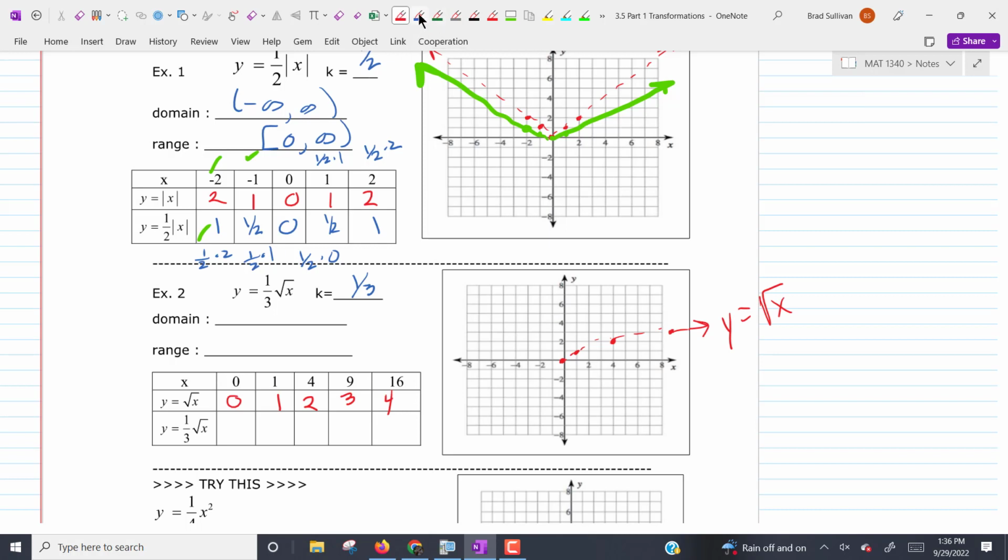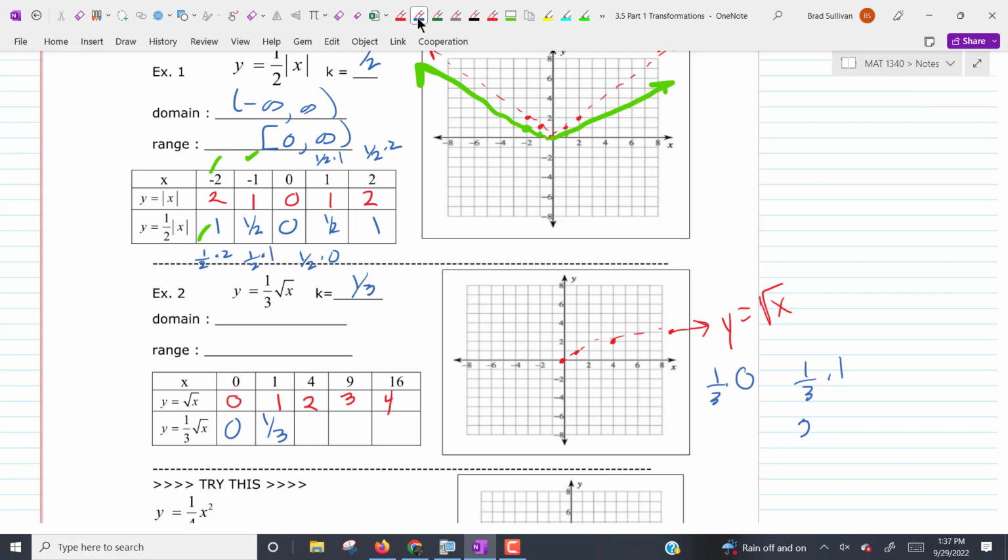Now we're just multiplying everything by a third. Now, you don't need to get your calculator out. I know a lot of students are going to want to do this. You don't need to do that. You do a third times 0, you get 0. If you do 1/3 times 1, you get 1/3. Now, this is where students start sometimes messing up.